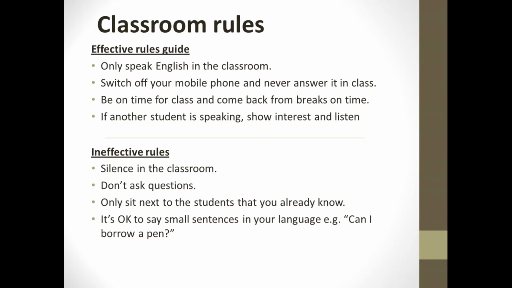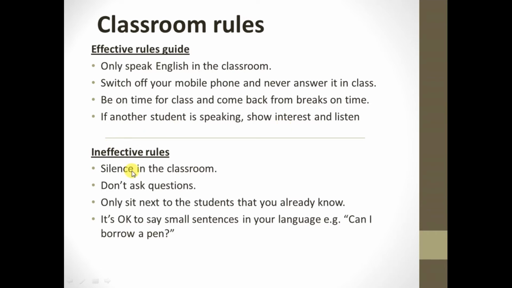I will give you some examples of effective and ineffective rules. The effective rules are like: only speak English in the classroom; switch off your mobile phone and never answer it in class; be on time for class and come back from break time on time; if another student is speaking, show interest and listen properly.